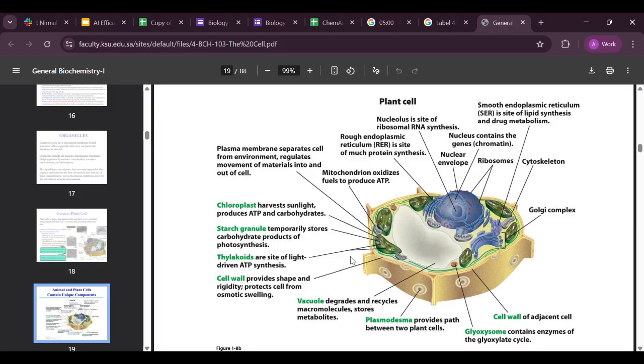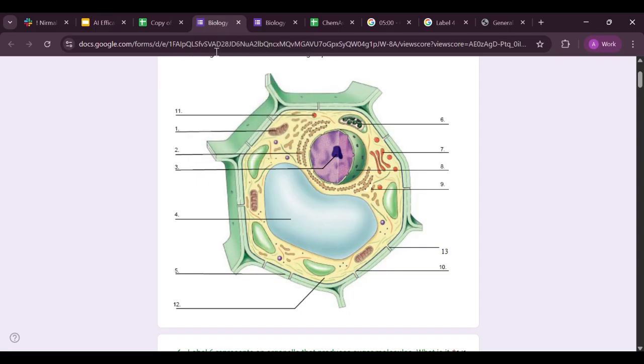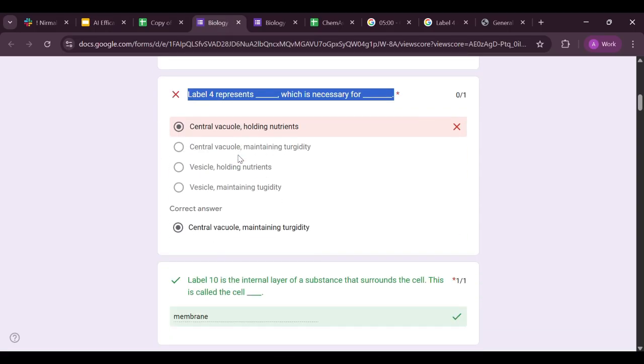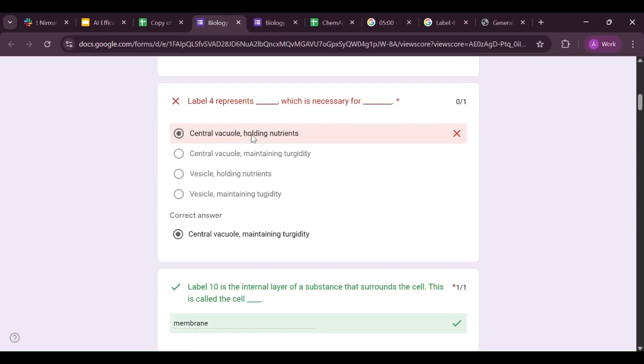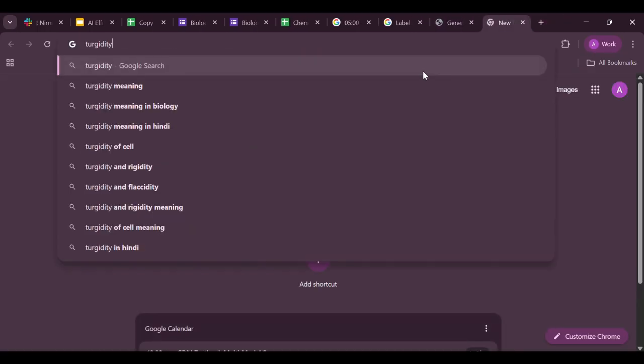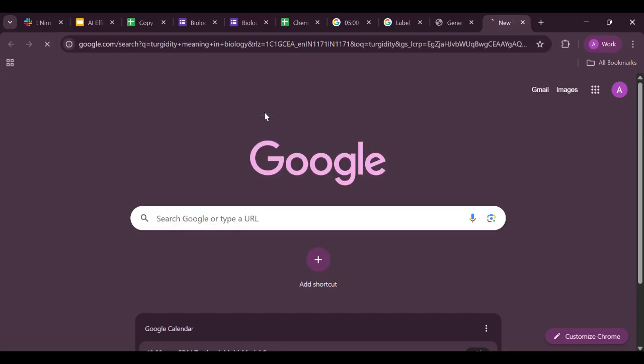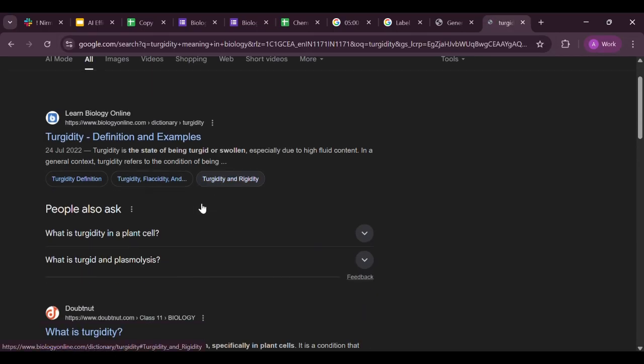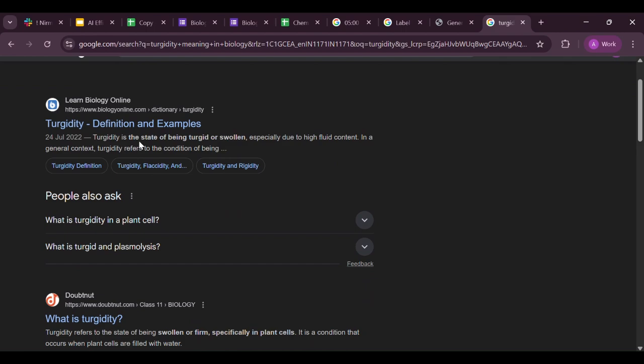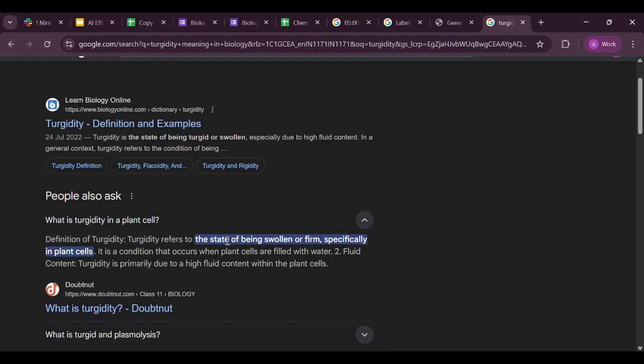Okay, so let's see whether it is in the options or not. It is showing holding nutrients, maintaining turgidity. Let's check what turgidity means, as I don't know about this. Turgidity is a state of being turgid or swollen, especially due to high fluid content, especially in plant cells.